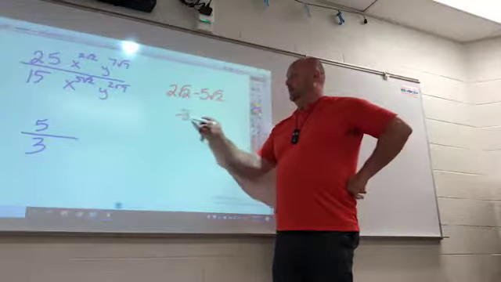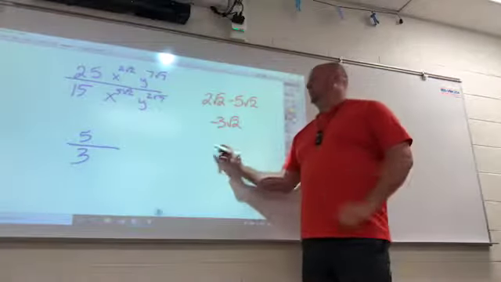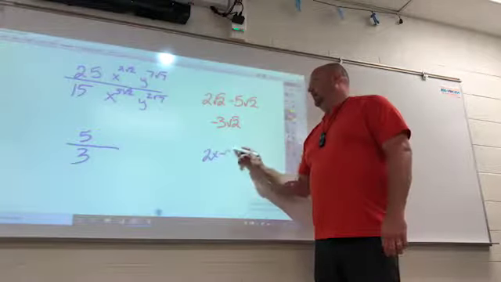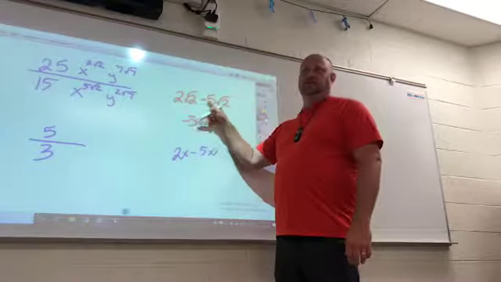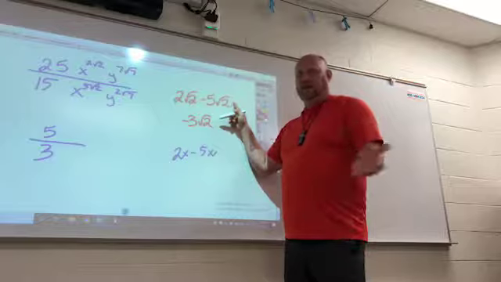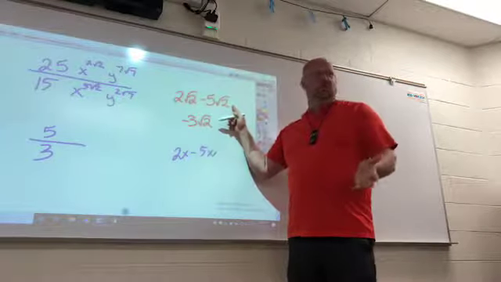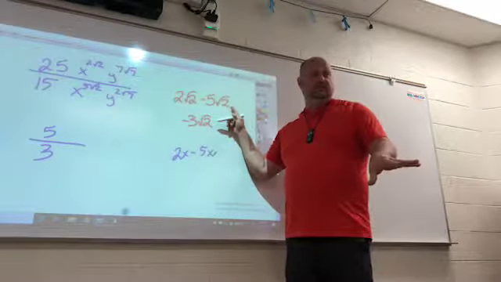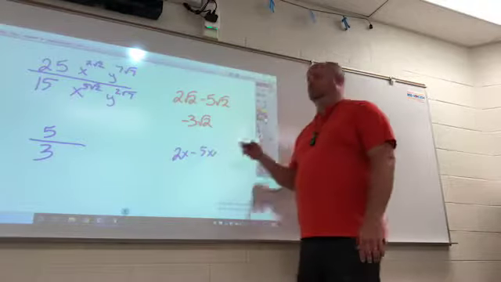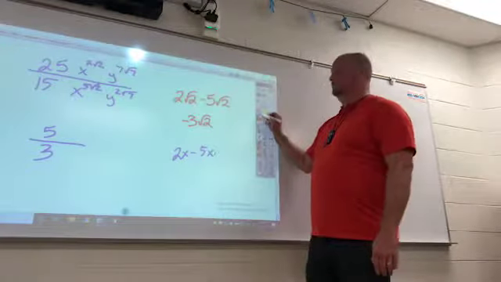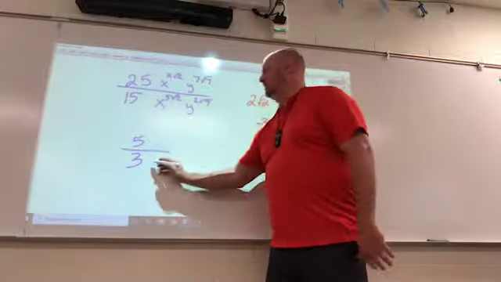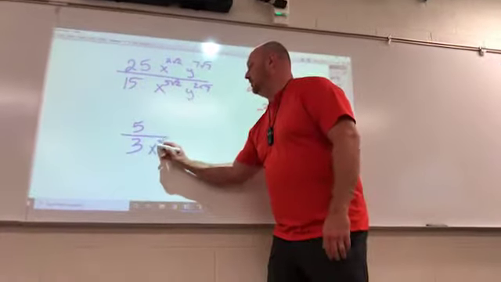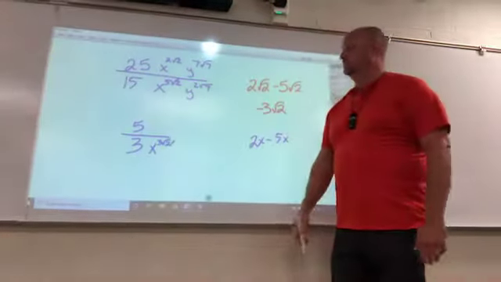Doing that is nothing different. It is literally the exact same thing as doing 2x minus 5x. You got 2 of these minus 5 of those. You're combining like terms here. That's all you're doing. Nothing fancy. Yes? So because it's negative, where do you put those? In the bottom. The bigger numbers in the bottom. You put the leftovers in the bottom. So the x to the 3 root 2 goes in the bottom.